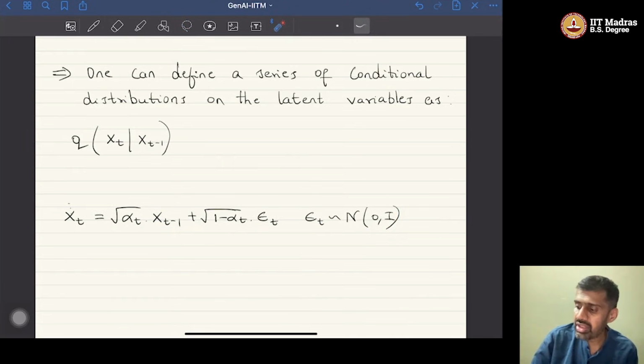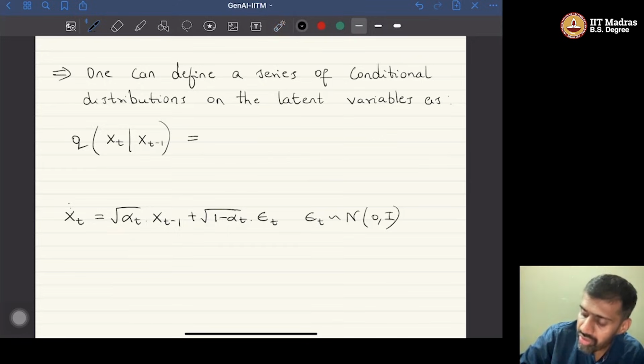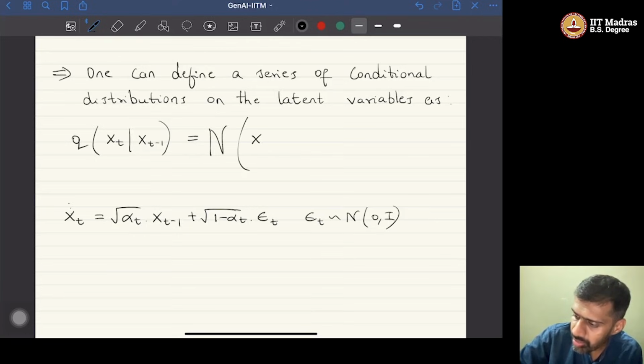Because this is a normal random variable distributed with zero mean and unit variance, if you scale it and shift it with something, xt will still have a Gaussian distribution with the mean and the variance defined by these two variables. That we know. Now, therefore, this conditional distribution which defines the forward process can be defined as a Gaussian distribution on xt.